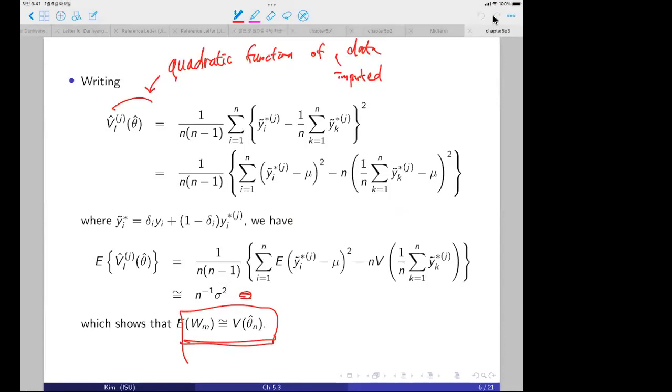Yeah, that's a good question. Actually, imputation introduces correlation between data.